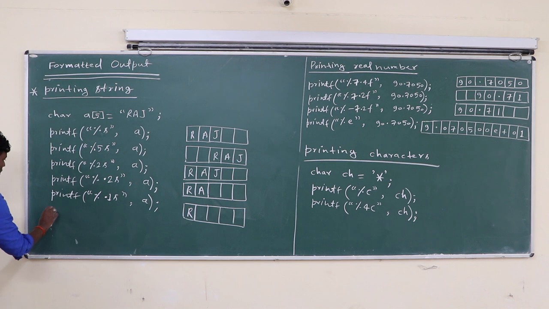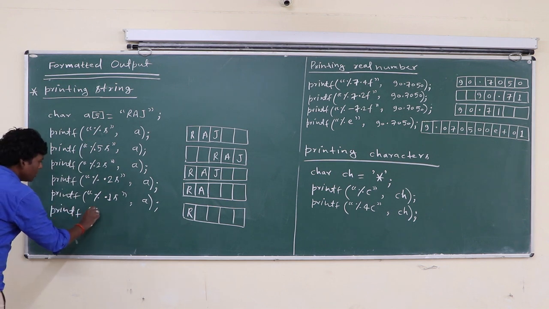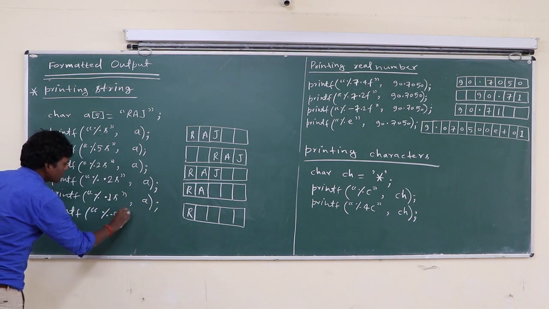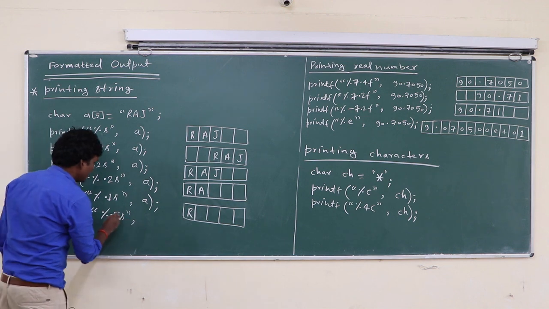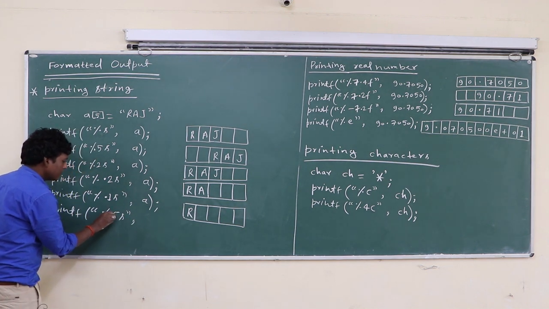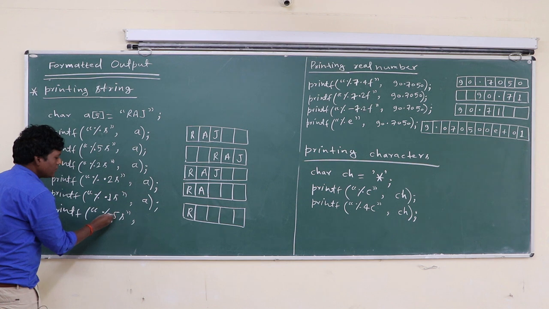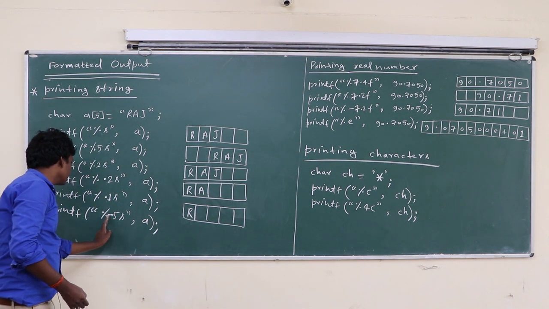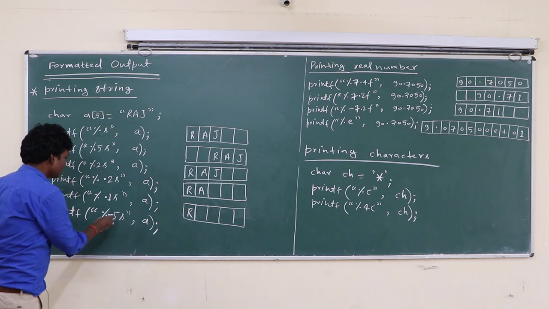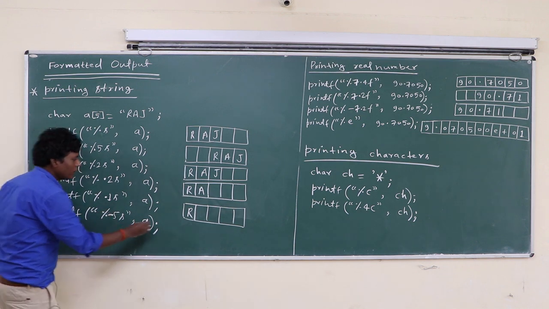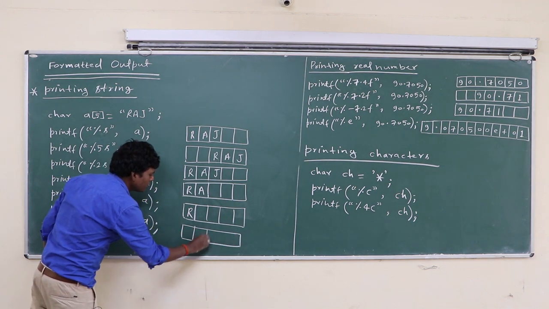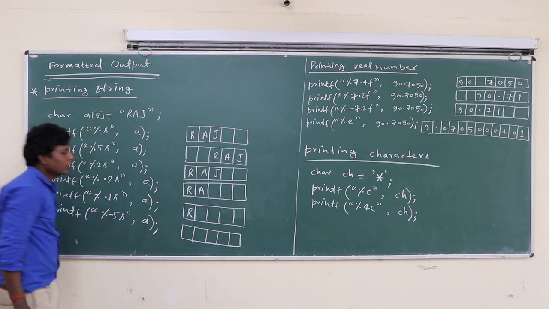Suppose printf %-5s. Here is a minus sign. Okay, here is a minus with a. In this case there will also be 5 blocks because the array dimension is 5.